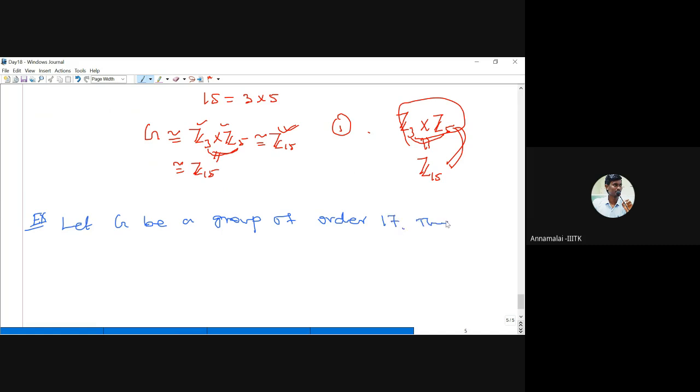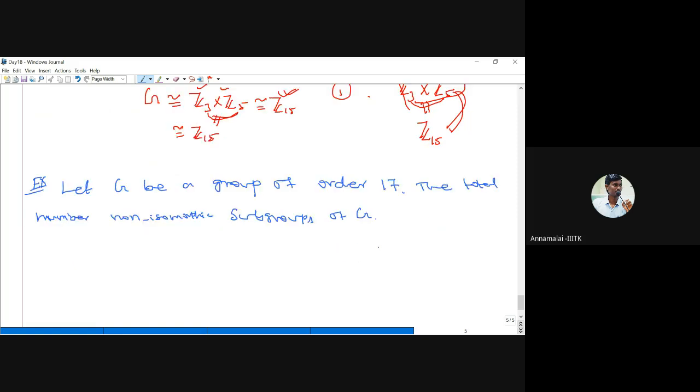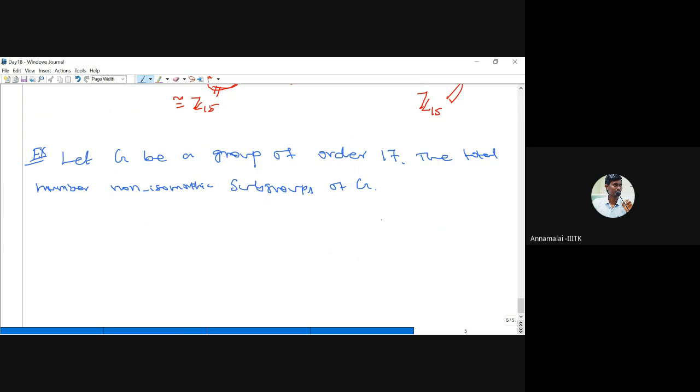Then the total number of non-isomorphic, sorry, they are asking how many subgroups are there of G. Since 17 is a prime number, there is no proper subgroup except the identity element. Therefore, the only subgroups are H equal to the singleton {e}, and the whole group. So only two subgroups because the group order is prime.